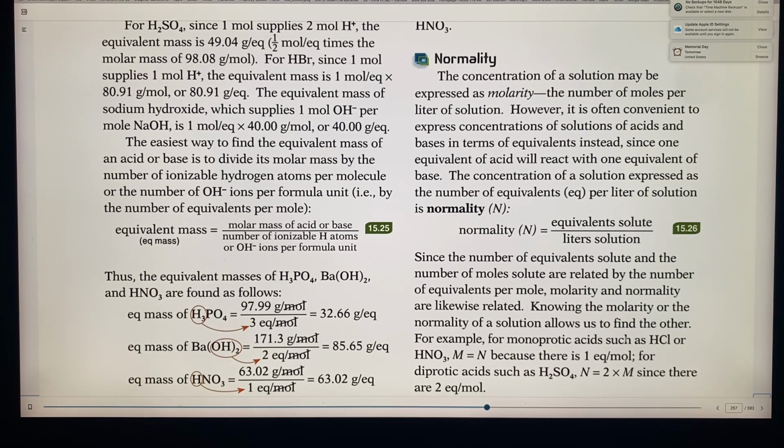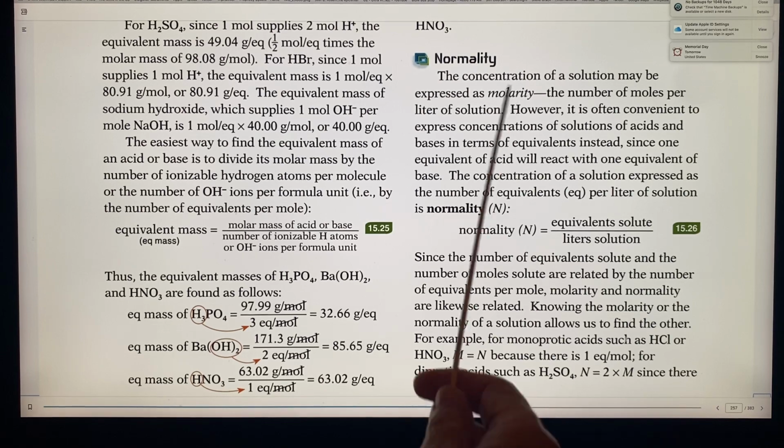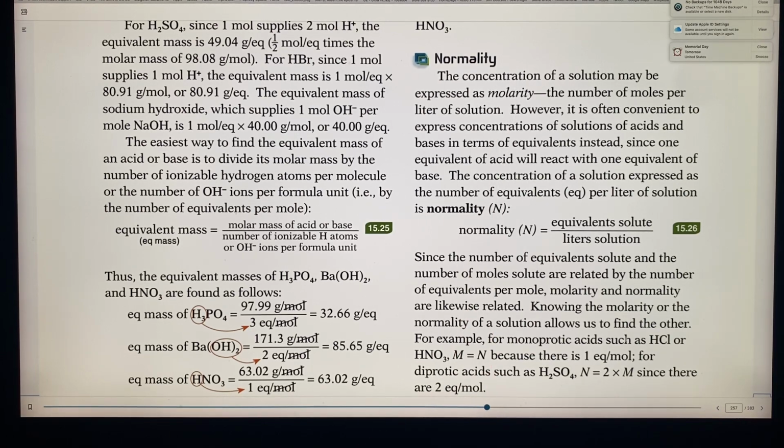However, it's often convenient to express concentrations of solutions of acids and bases in terms of equivalence instead of molarity. Remember, we don't want to really work with moles anymore, especially when we're working with equivalents. And so the concentration of a solution expressed as the number of equivalents per liter of solution is the normality.